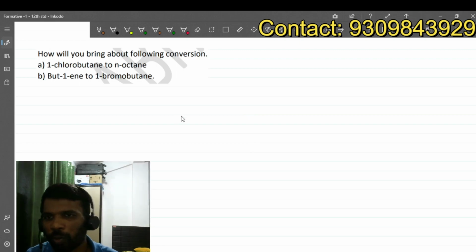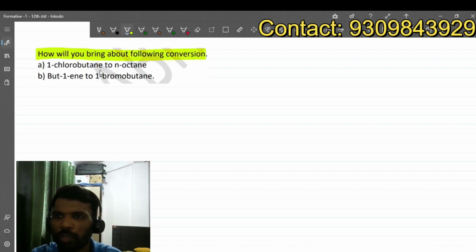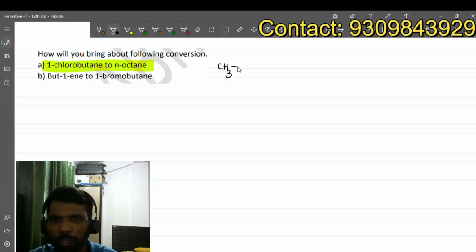One chlorobutane to n-octane. We need to do the following conversion, right? I need to do this: one chlorobutane to n-octane. Means what they are saying is, this one chlorobutane, how will it look? CH3, CH2, CH2, CH2, Cl.